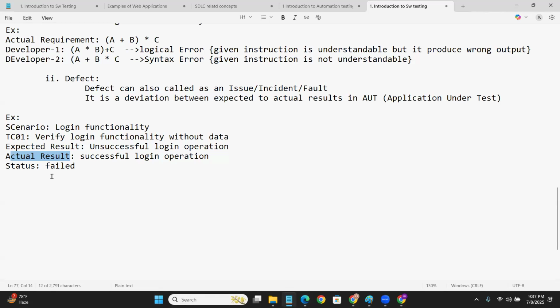Without entering login credentials, it should not accept the login. That is the deviation we got. This is the defect. So that's what I'm saying: it is a deviation between expected and actual results in AUT, application under test, not at the program level. Now remember that.